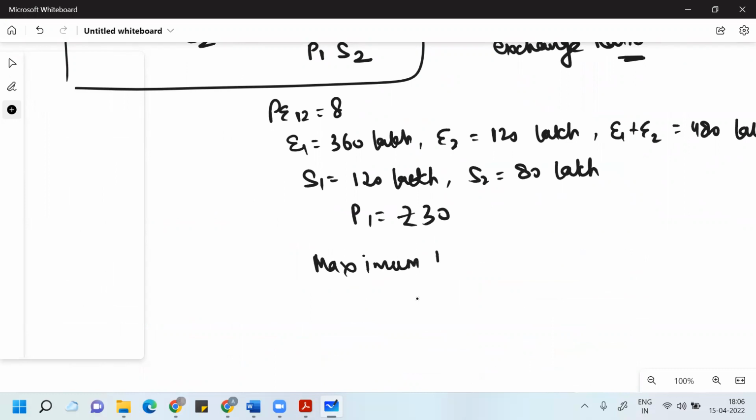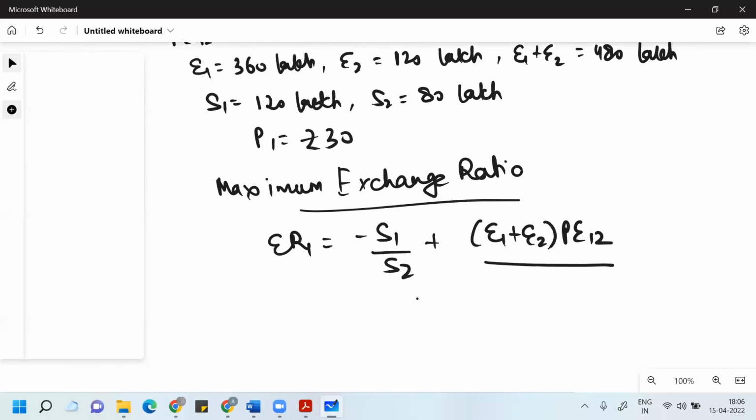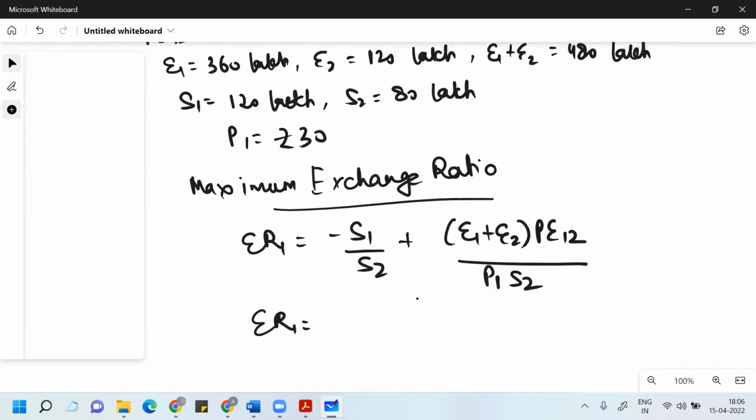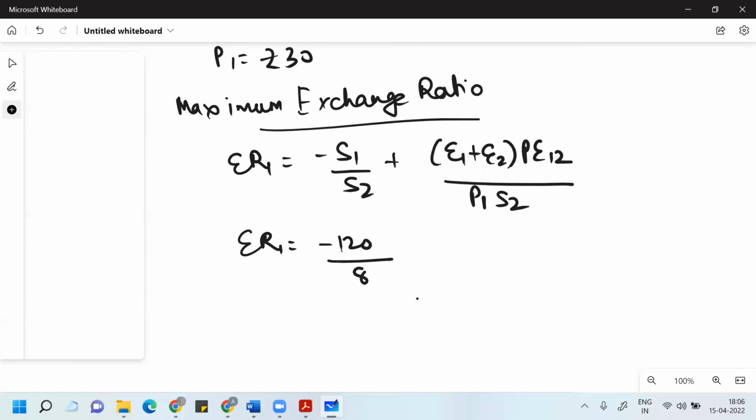For your exam purpose, you just need to learn the formula by heart. The maximum exchange ratio is minus S1 by S2 plus (E1 plus E2) into PE12, divided by P1 into S2. S1 is 120, S2 is 80, so minus 120 by 80, both in lakh, so they cancel.